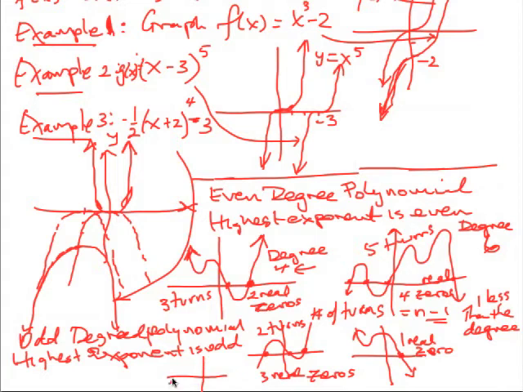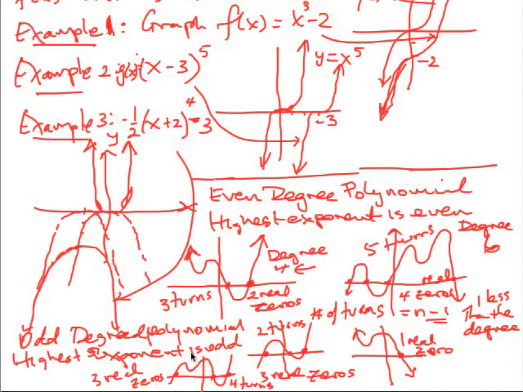We could go up here, turn, up here, turn, come back down and turn here. So notice that we have 1, 2, 3 real zeros. We still have 1, 2, 3, 4 turns. We have 5 complex zeros, 3 of which are real.